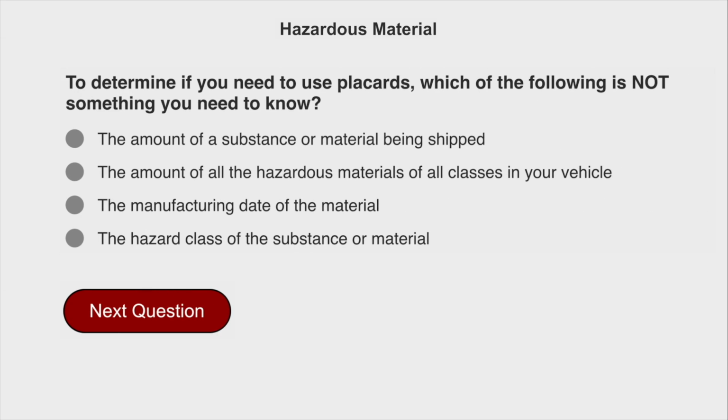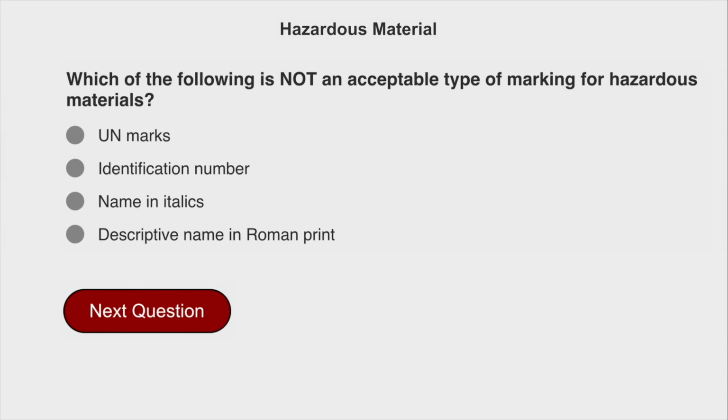To determine if you need to use placards, which of the following is not something you need to know? The manufacturing date of the material. Which of the following is not an acceptable type of marking for hazardous materials?